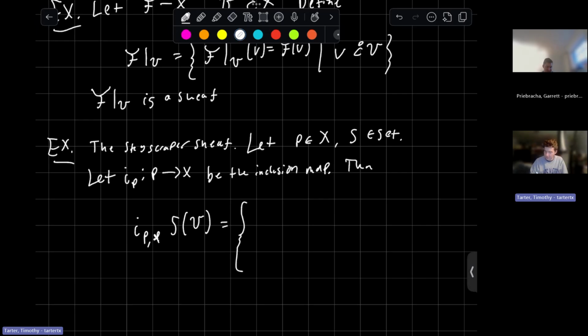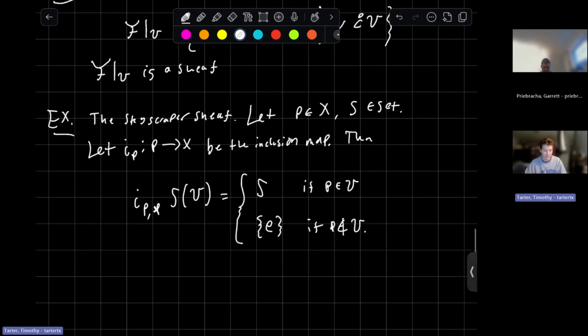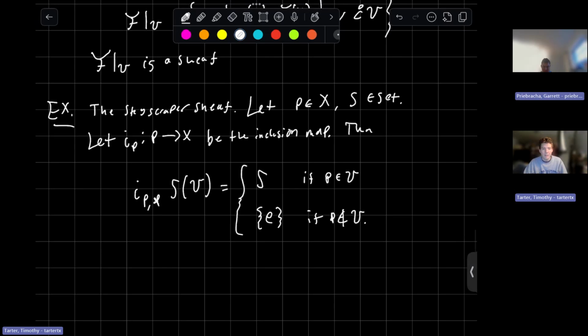Anyway, this is a piecewise function that gives you just S if P is in U, and the identity if P is not in U. It's worth noting that usually S is not a set, but rather a group, and for sheaves with values in a category more generally.